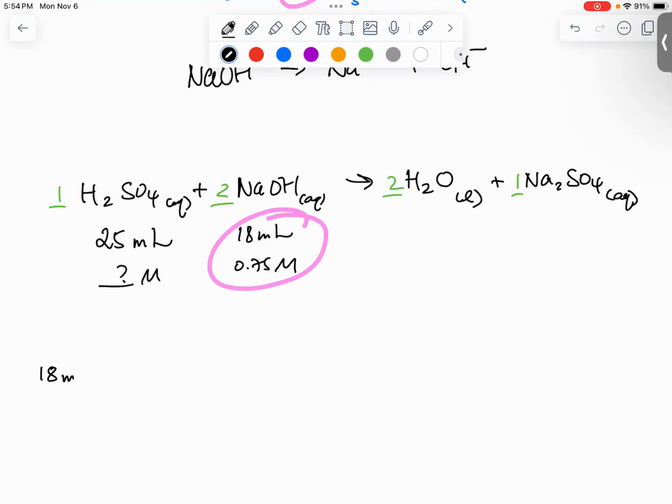We are not going to change the milliliters. Okay? And the reason is that we got milliliters for the other volume as well, so it doesn't matter.